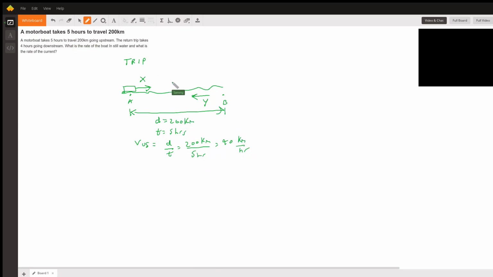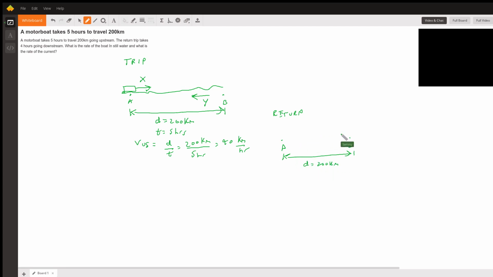Then for the return trip, we'll go ahead and draw that over here. We have point A and point B. The distance is the same, 200 kilometers.